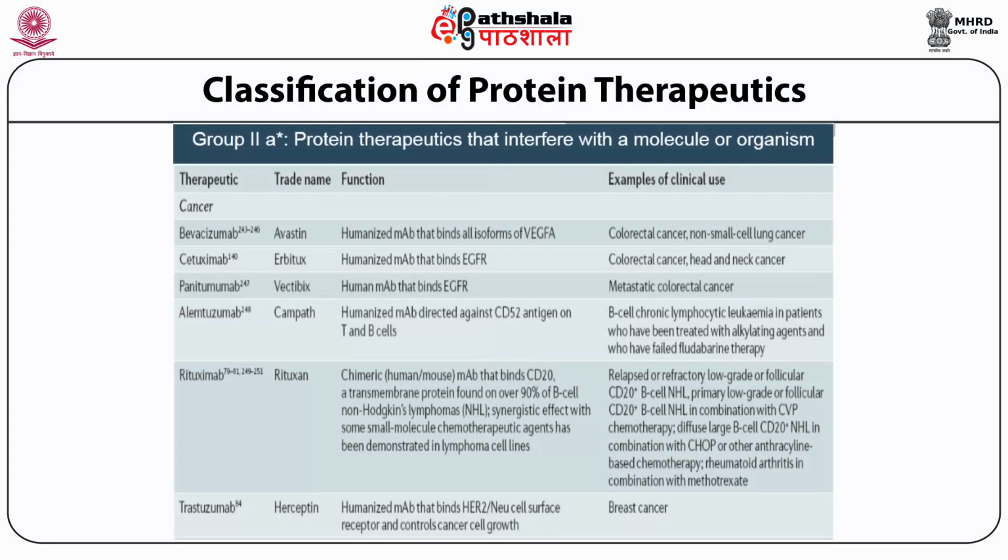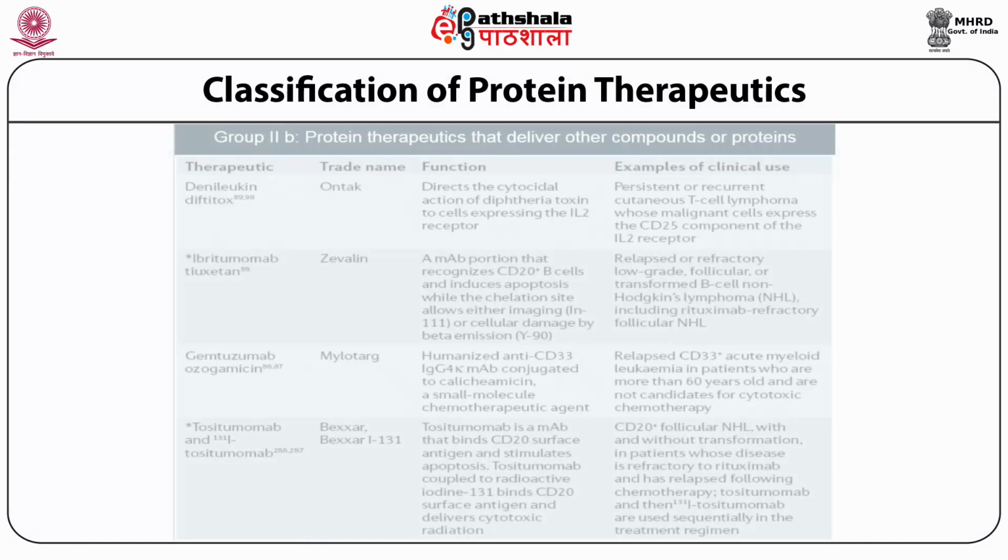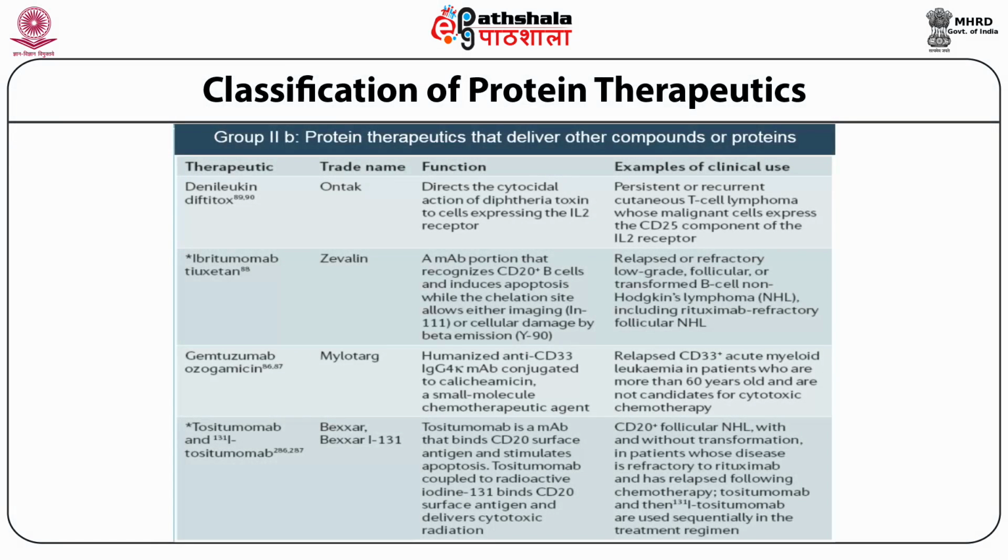Group 2A, this table summarizes the protein therapeutics that interfere with a molecule or organism. So several examples are given, and we can see mostly these have application in the treatment of different types of cancer. This table summarizes the examples of group 2B, that are the protein therapeutics that deliver other compounds or proteins.